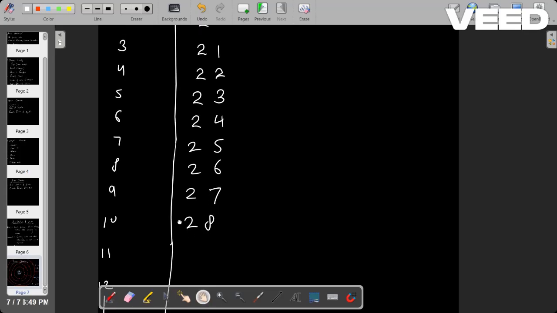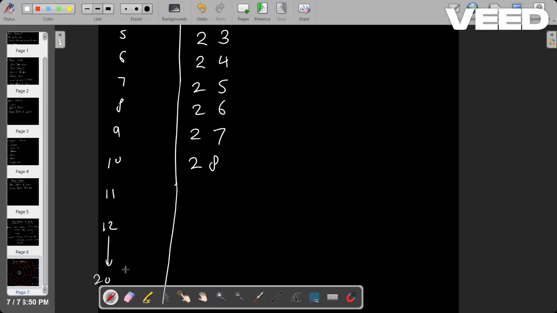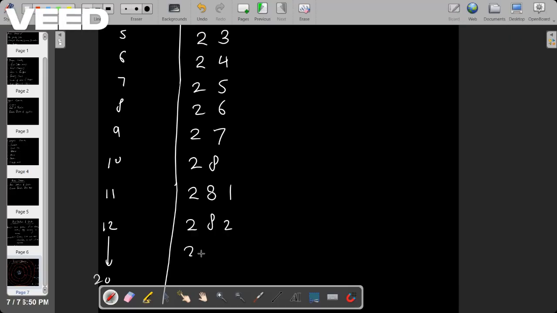Now if you have 11 electrons, the maximum capacity is 8. So therefore you must go to 2, 8 and 1, that is 11. Then again 2, 8, 2, then 2, 8, 3.